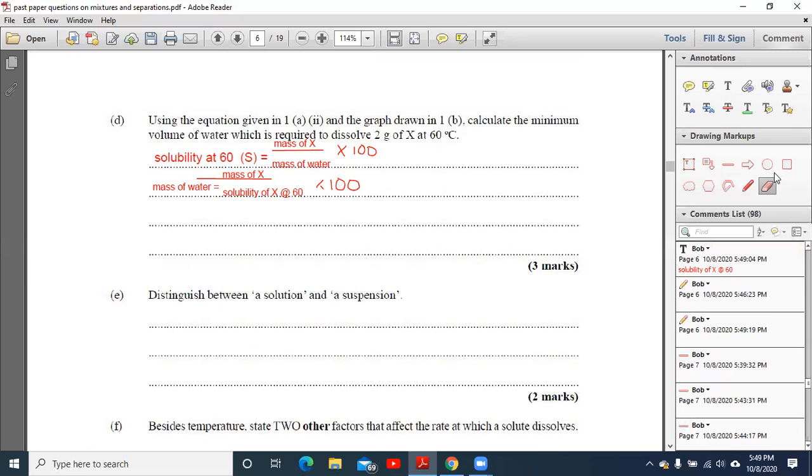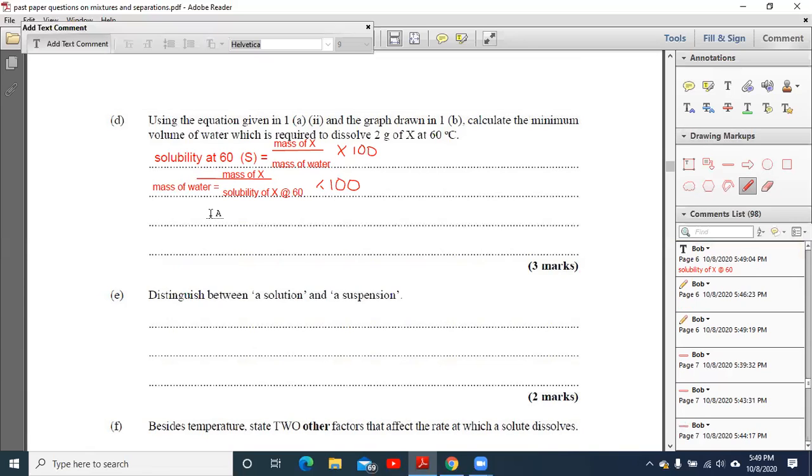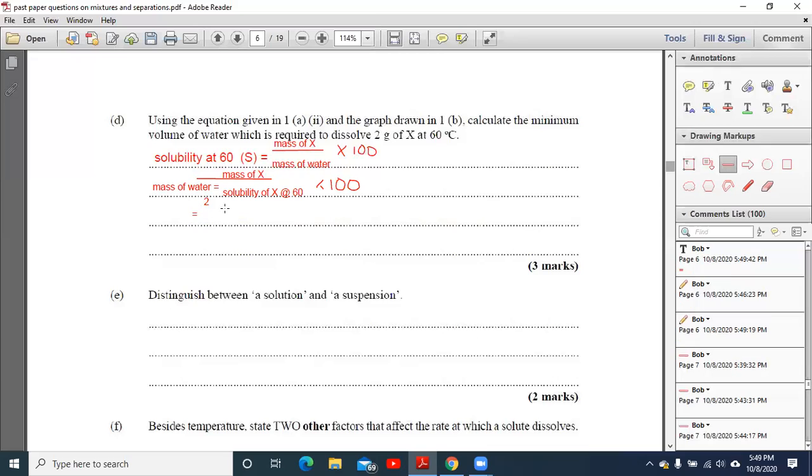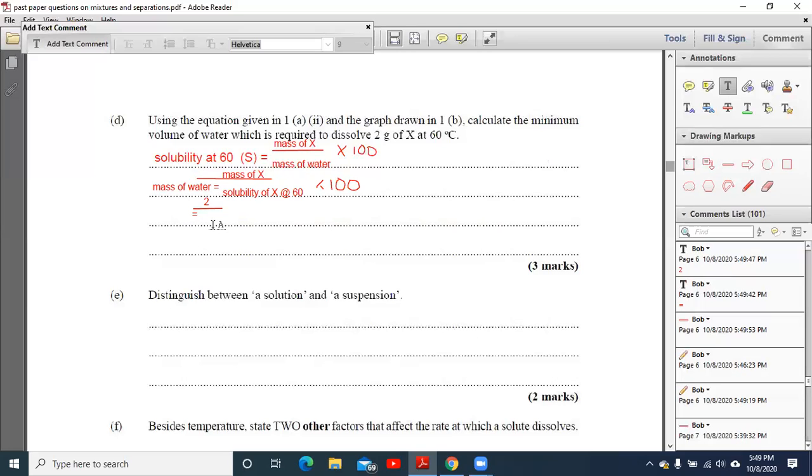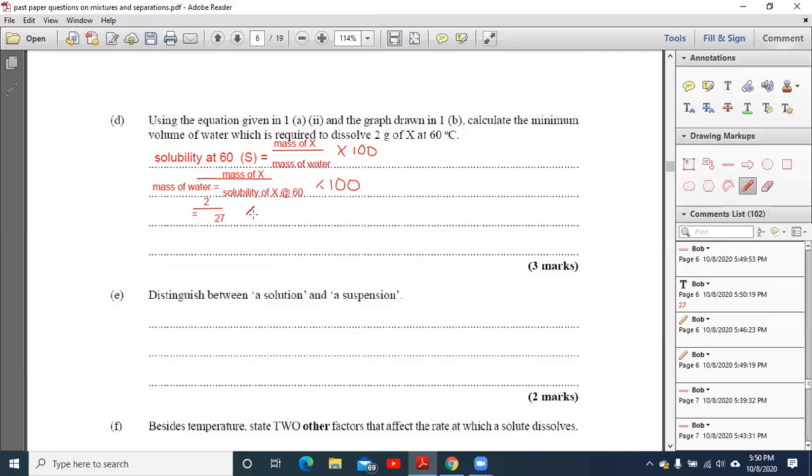So if we input the values, we will have the mass of water being equal to 2, which is the mass of X, divided by the solubility, which we got, remembering, is 27 multiplied by 100.